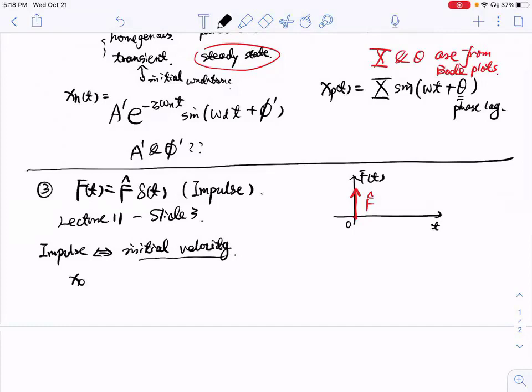So your x naught is x(0⁻), v naught is x dot(0⁻). So that means the initial conditions you apply to the system actually happen before time equals 0. And then this new initial velocity, which is f hat over m, actually happens after time equals 0. So that might be a little bit confusing.